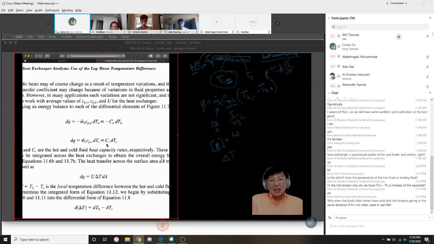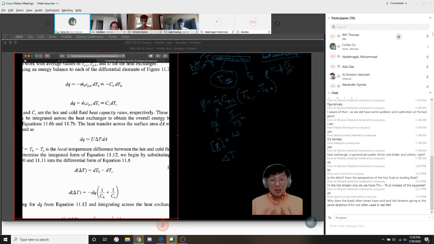All right, so now here comes the next part. Do you remember earlier I mentioned this idea of an overall heat transfer coefficient?